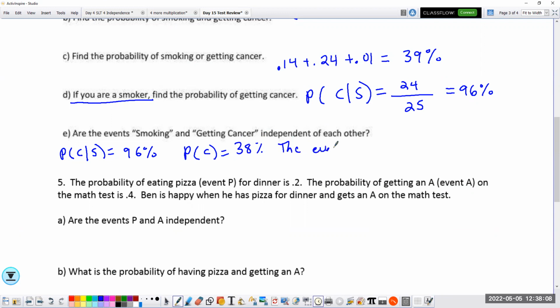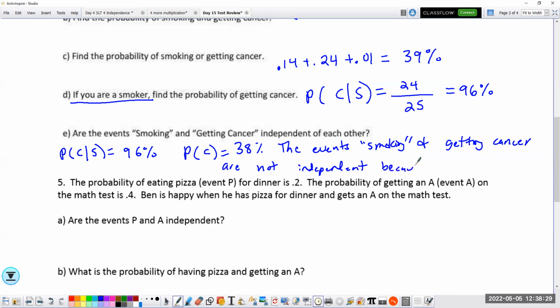The events smoking and getting cancer are not independent because the probabilities are not equal to each other.